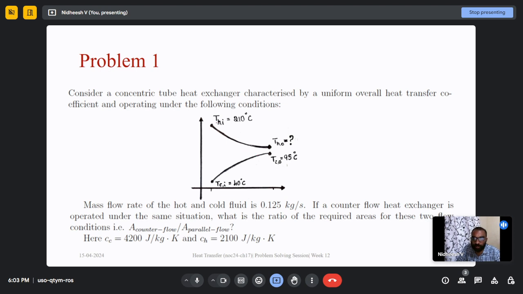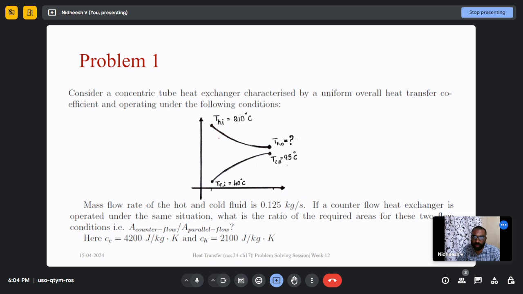We can see that the inlet temperature of the hot fluid is 210 degrees Celsius and the inlet temperature of the cold fluid is 40 degrees Celsius. Also, the outlet temperature of the hot fluid is not given, and the outlet temperature of the cold fluid is given to be 95 degrees Celsius.